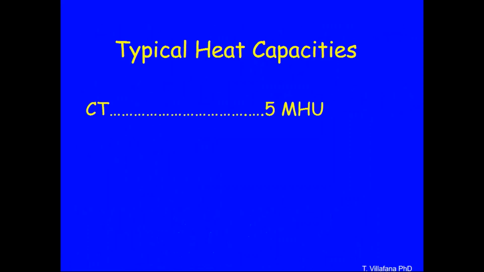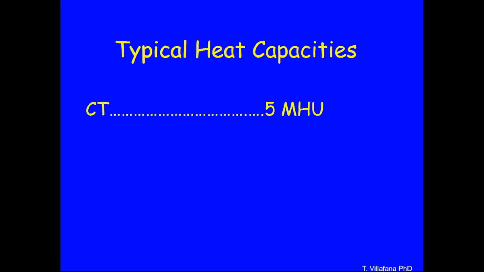Okay, let's just say a little bit about capacities. One popular question is what modality produces the greatest heat? What modality requires X-ray tubes to have the greatest heat capacities? In CT scanning, by far, is the modality that demands tubes that can really take a beating, and they go up to 5 mega heat units, million heat units.